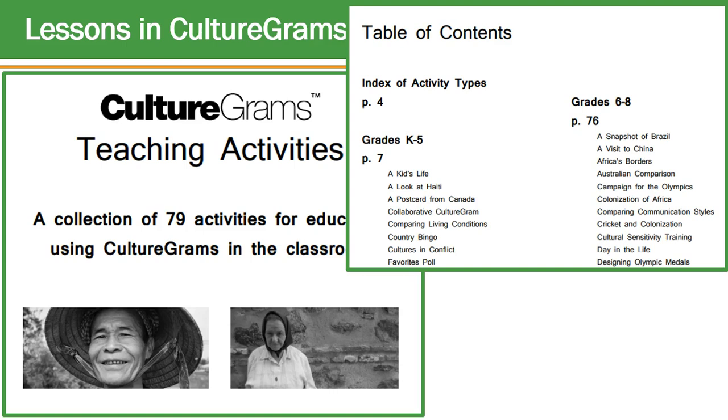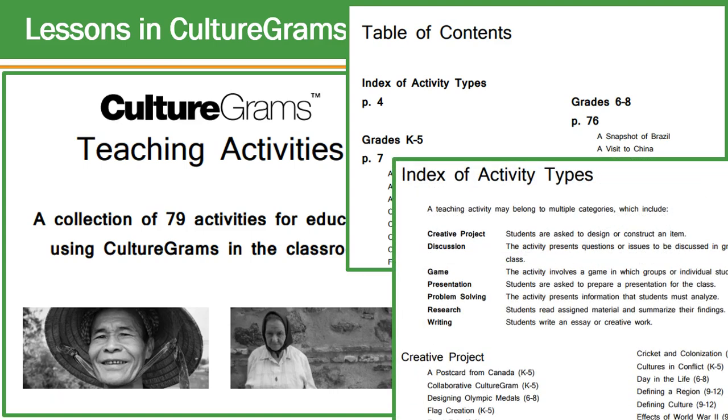If you're more interested in a particular activity type, notice there is an index for activity type as well. So if you're looking for something that is going to work well for problem solving or writing or creative projects, they're going to be broken out there first by activity type and second, as you see, by grade level. So that is how you're going to be able to find those.